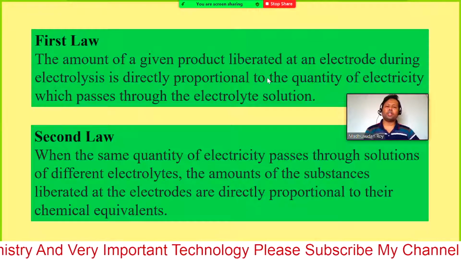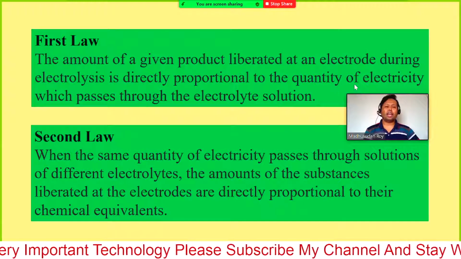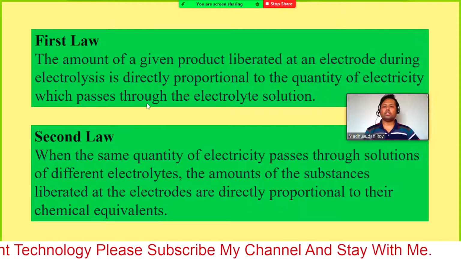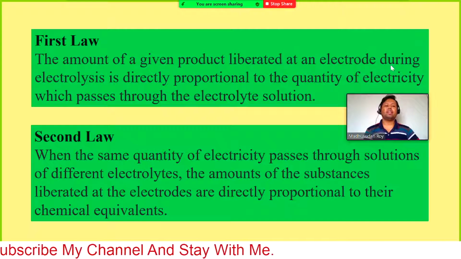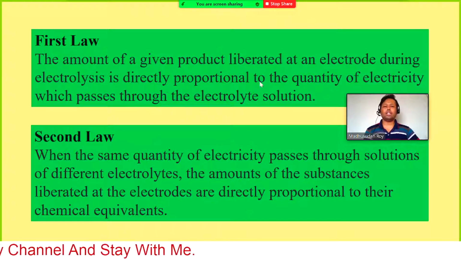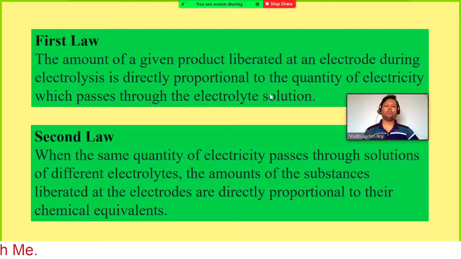That comes from the first law. The amount of the given product liberated at an electrode during the electrolysis is directly proportional to the quantity of electricity which passes through the electrolyte solution.